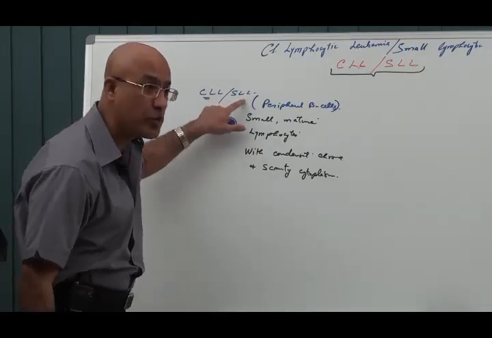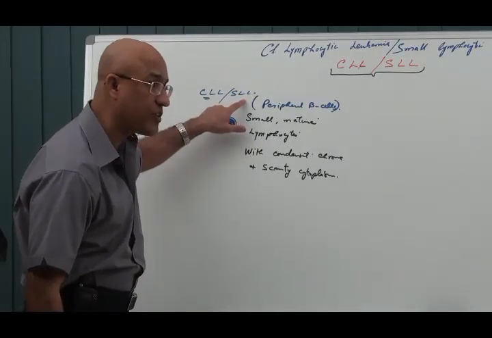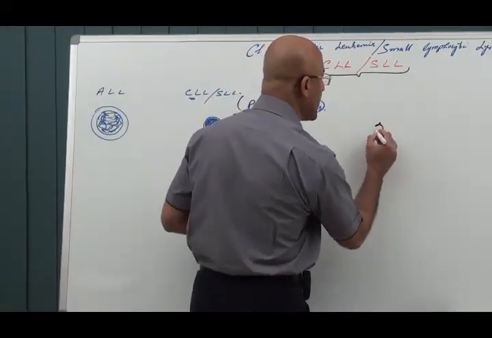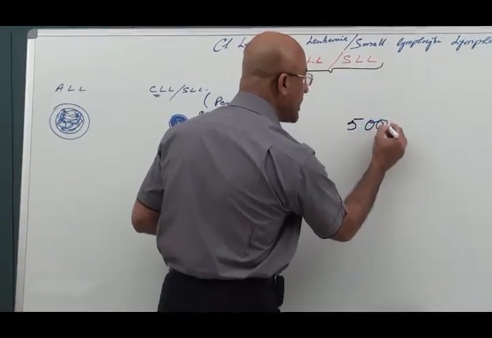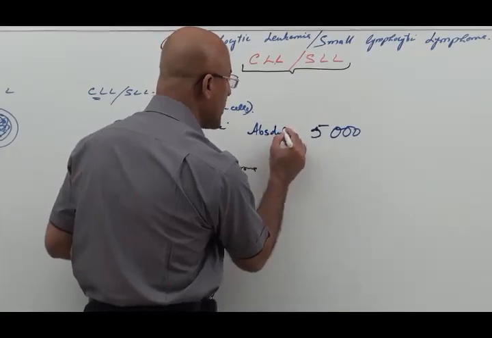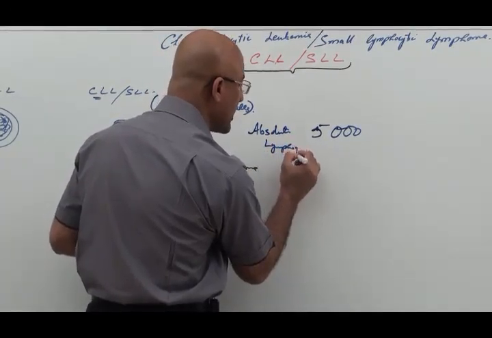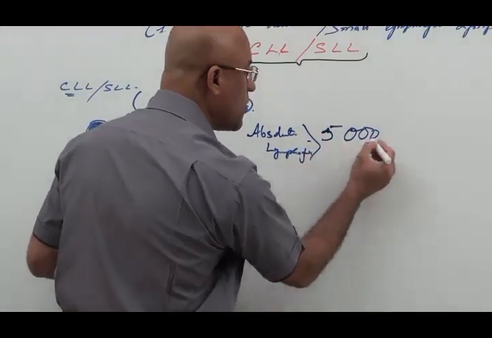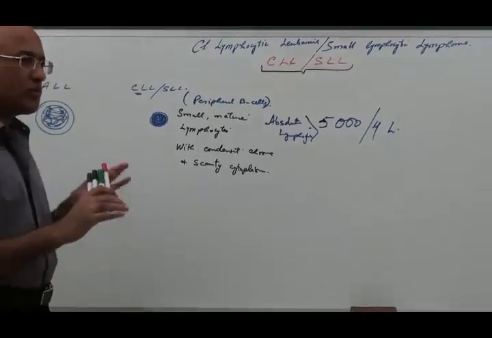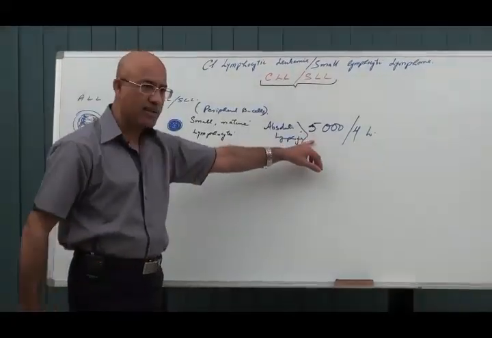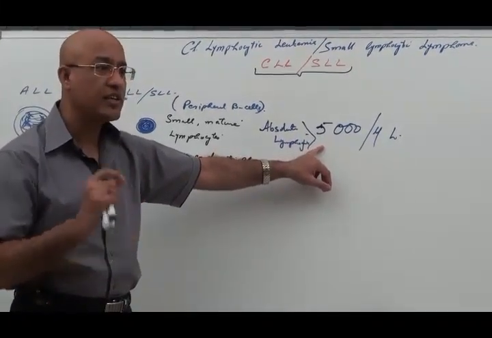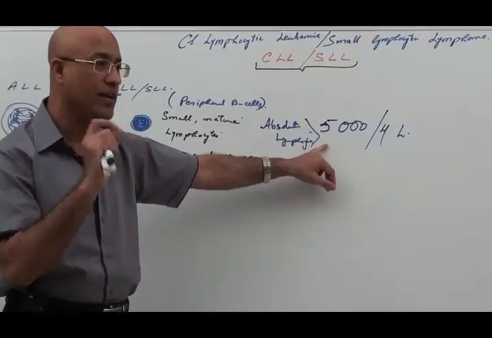Significant lymphocytosis, here the diagnostic point is, most of the authorities believe significant lymphocytosis is more than 5,000 per microliter. Even though some authorities which are more sensitive believe that in the blood, if absolute lymphocyte count is more than 4,000, it is pointing to the diagnosis of leukemia.